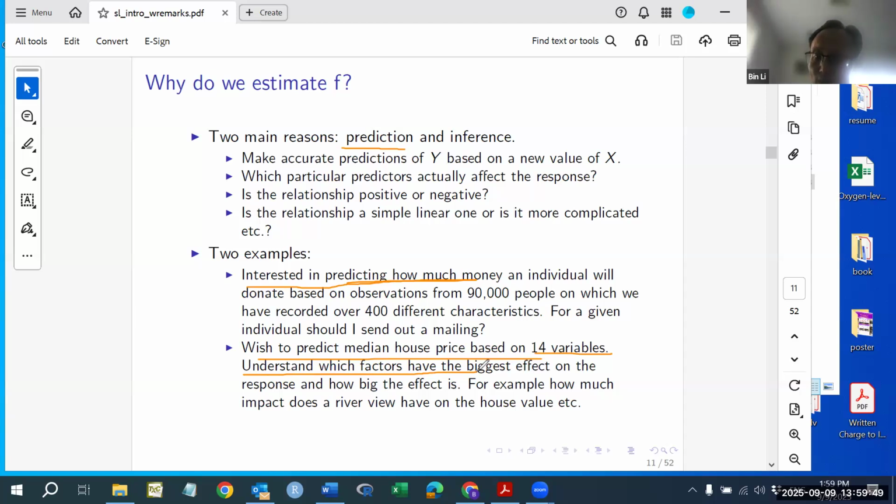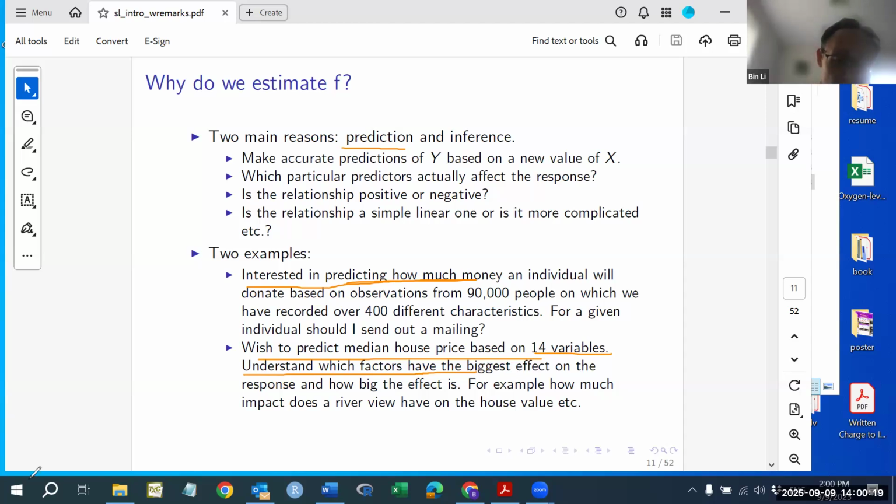For example, how much premium does a river view have on the house values? So that is related to inference, and that also requires us to have a good estimate of f. Then we can use our models to answer these questions, since our models have a good approximation of the relationship between X and Y.